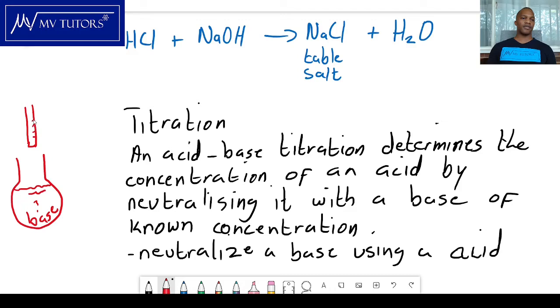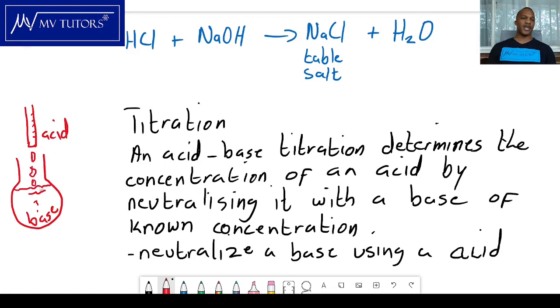Okay, you titrate it with an acid until it's neutralized. Okay, until it's neutralized. So basically that's what titration is in basic terms.